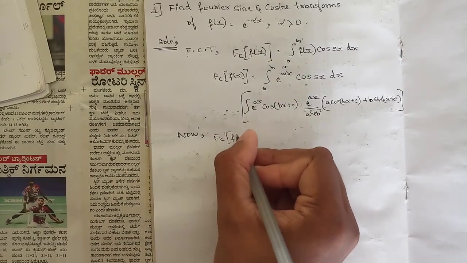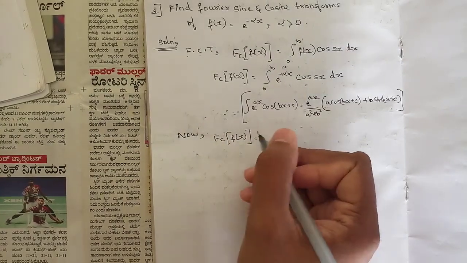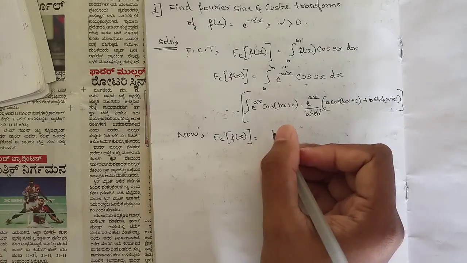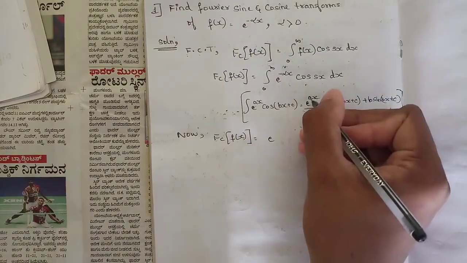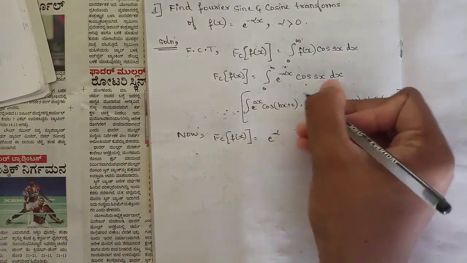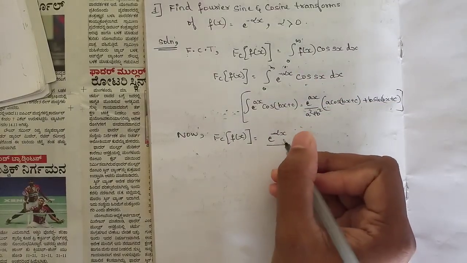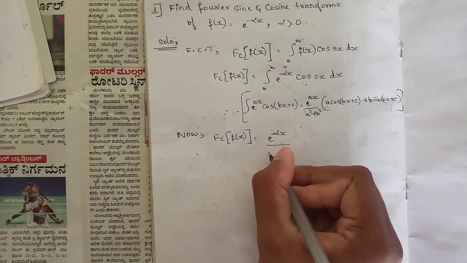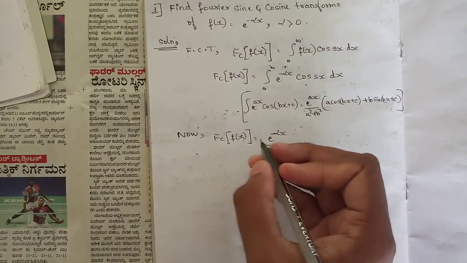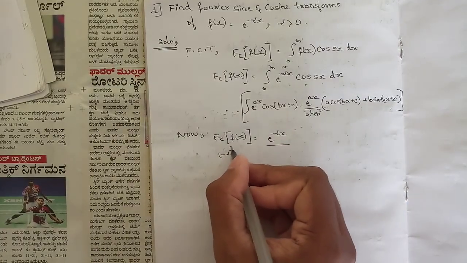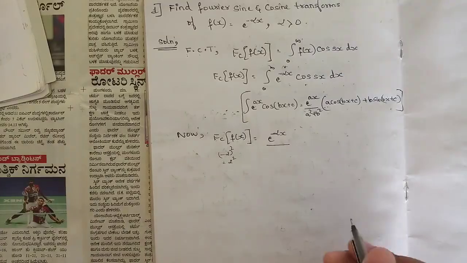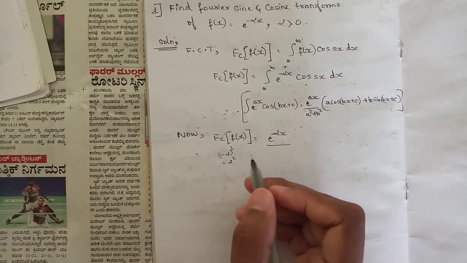Now fc of f of x is equal to e to the power minus alpha x divided by a square plus b square, where the value of a is minus alpha, so minus alpha the whole square is equal to alpha square only, right? Minus alpha into minus alpha is equal to alpha square.